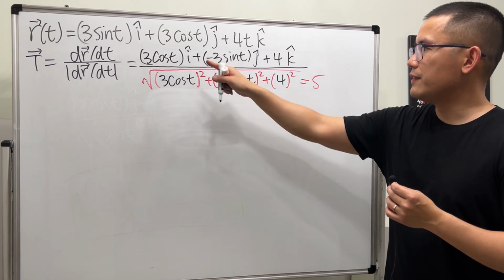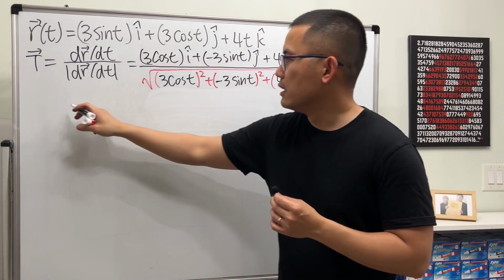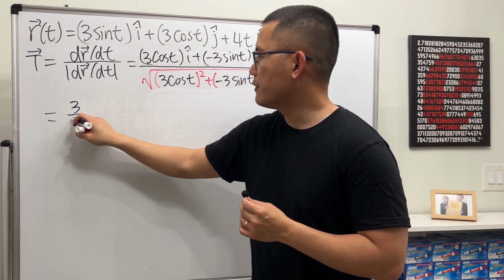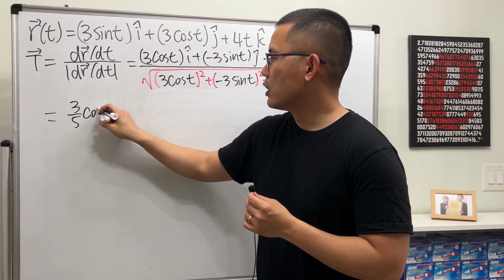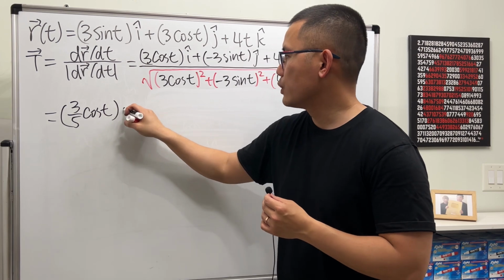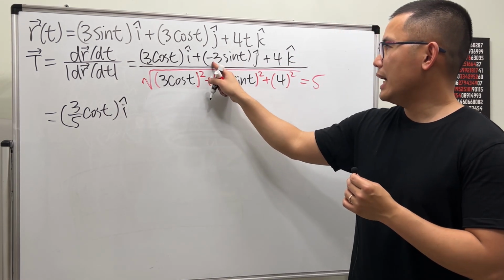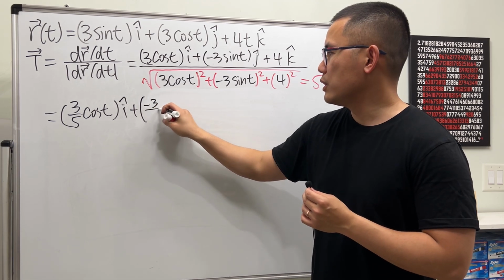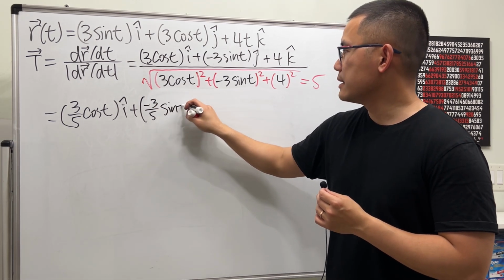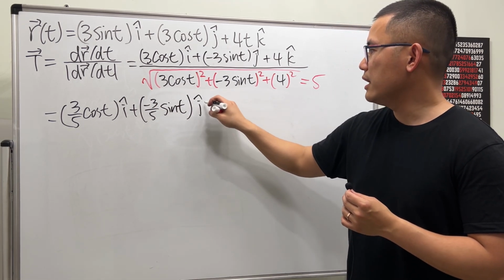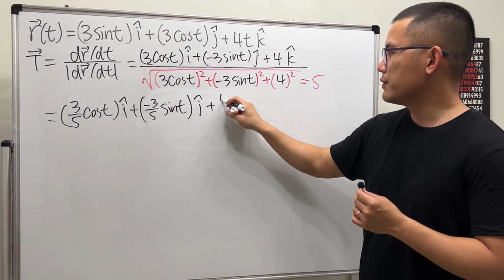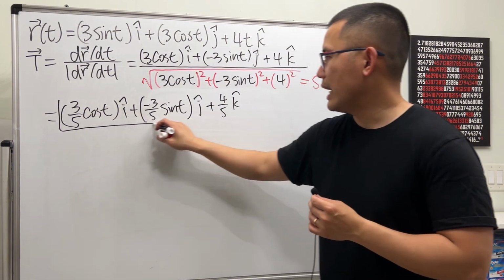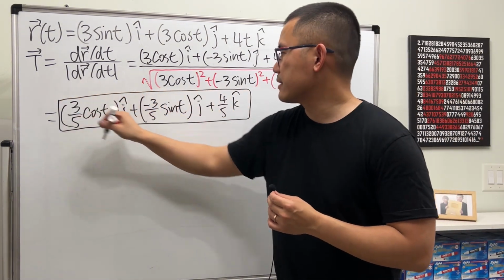Of course, we can just divide each component by 5 and we'll be done. So T equals 3 over 5 cosine t, with the i, plus negative 3 over 5 sine t, and then j, and lastly plus 4 over 5 k. So here we have our unit tangent vector.